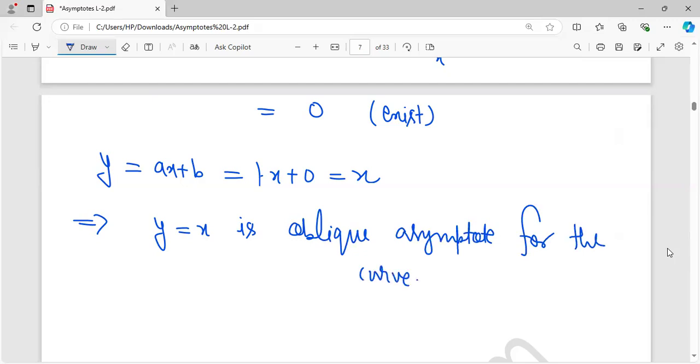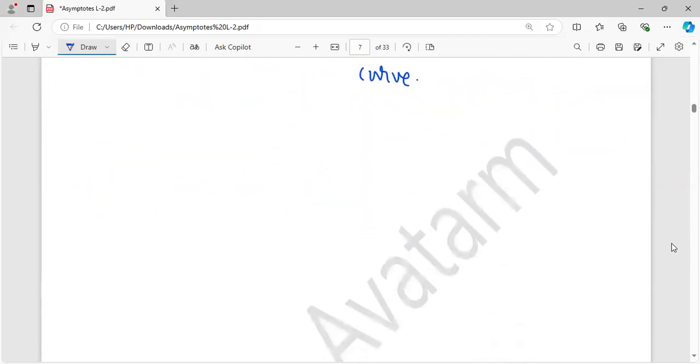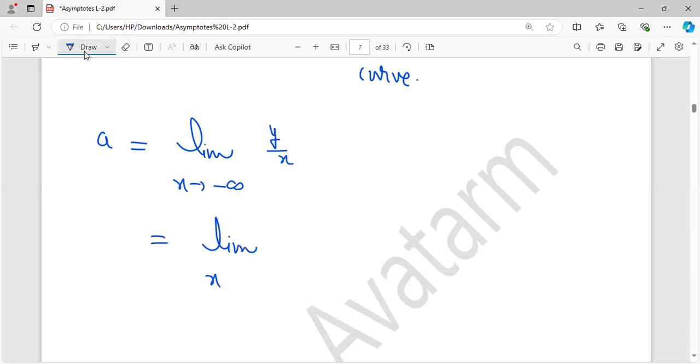Okay. Now we have to calculate for x tending to minus infinity. So we have to calculate this limit also. Limit y upon x. That is limit x square x.